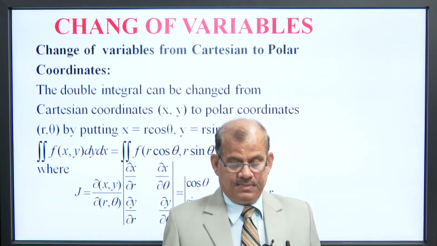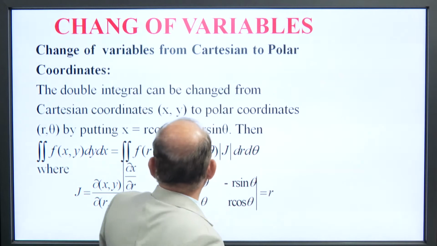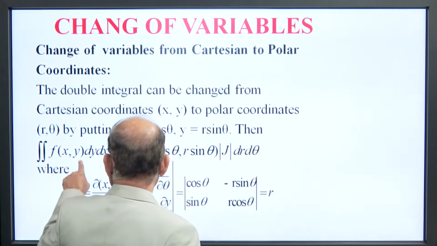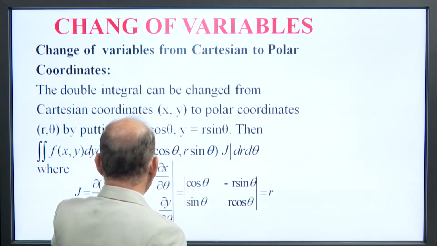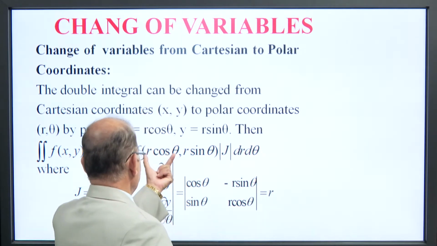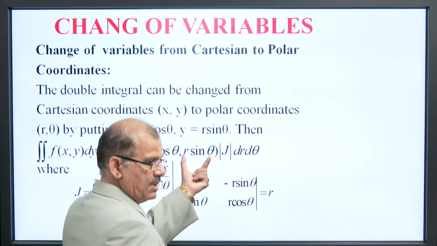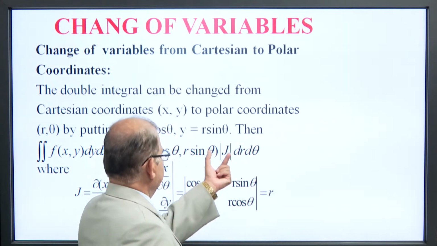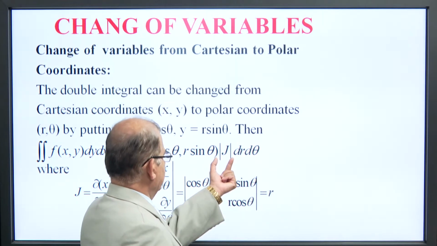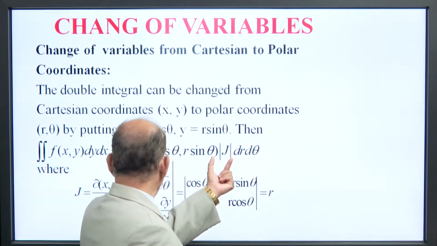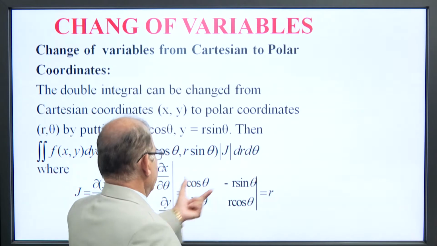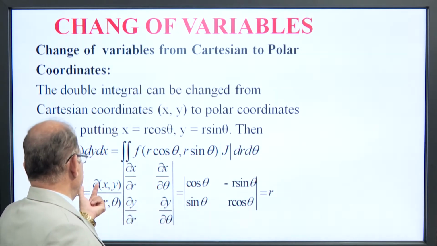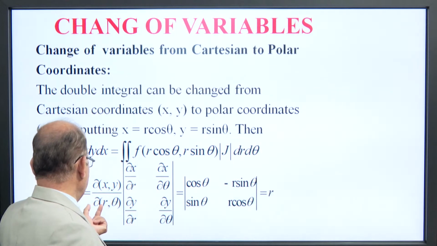Then the double integral of f(x, y) dy dx is equal to the double integral of f with x replaced by r cos theta and y replaced by r sin theta, times the Jacobian, dr d theta. The Jacobian J is del(x, y) divided by del(r, theta).